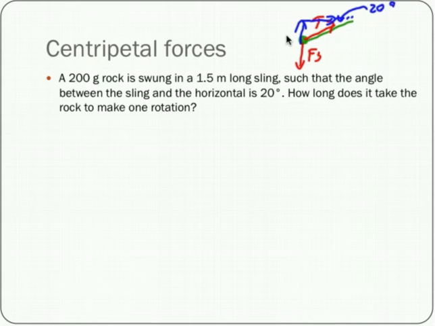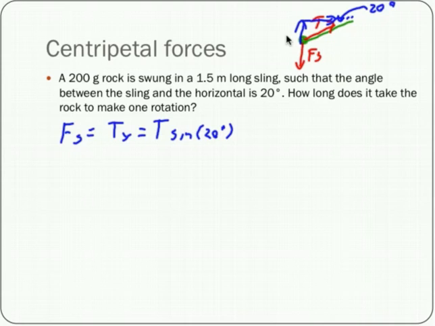So the gravitational force, Fg, is equal to the y component of the tension, which is the tension in the line times, since that's opposite here, sine of 20 degrees.